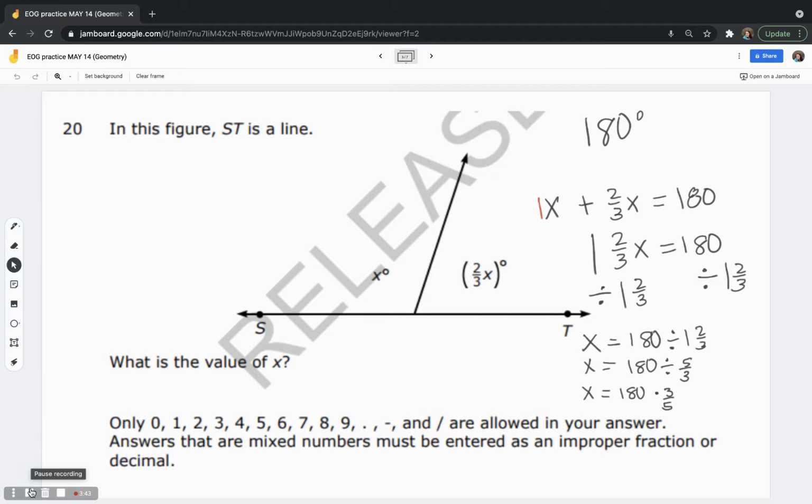So 180 times 3 is going to give us 540, and 5 times 1, because this would be over 1, is going to give us 5. So 540 divided by 5 is going to simplify to 108. So the value of x is 108.